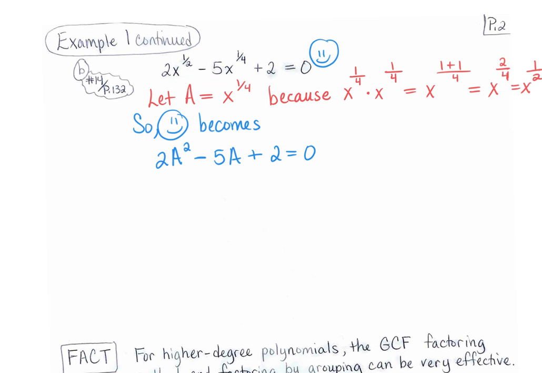So before I use a, your question makes me want to rewrite this as 2 times x to the 1/4 squared minus 5 times x to the 1/4 plus 2 equals 0. Does it help to see it this way first? Yes. Okay. Does that make sense?